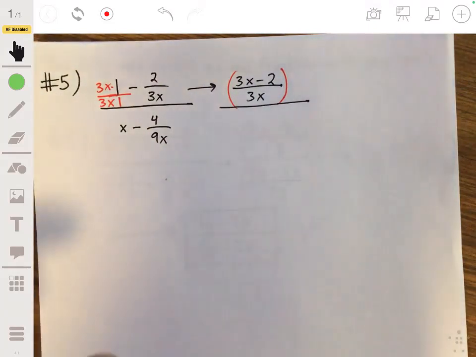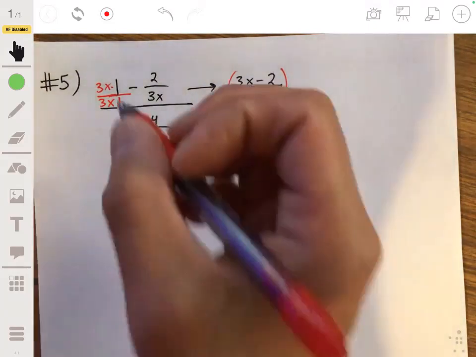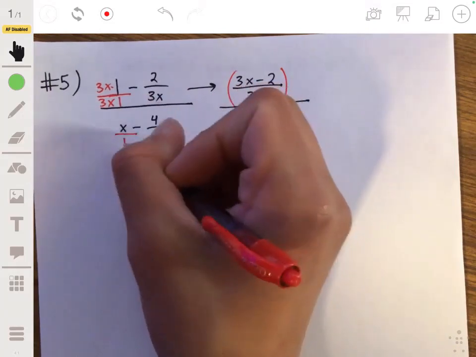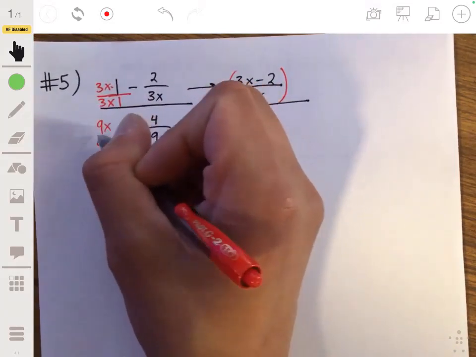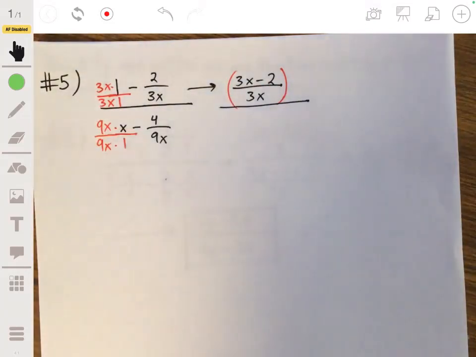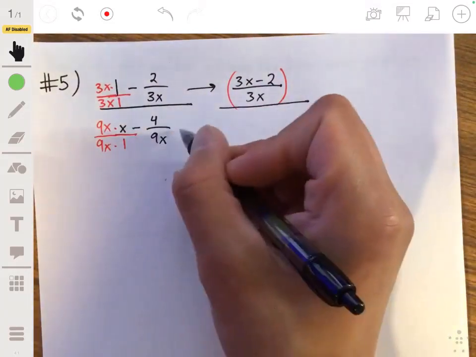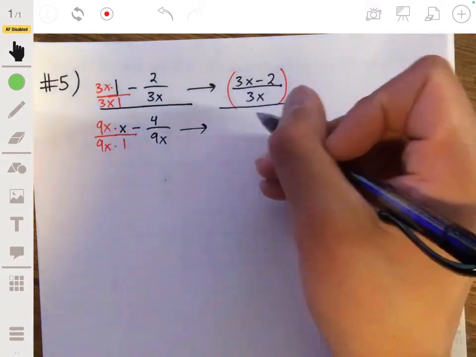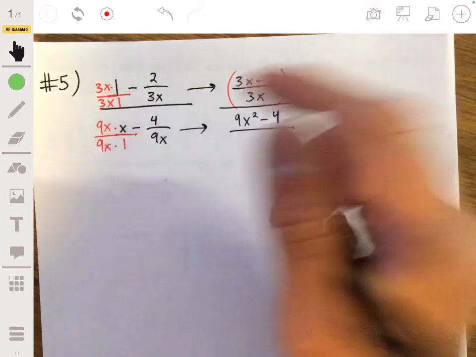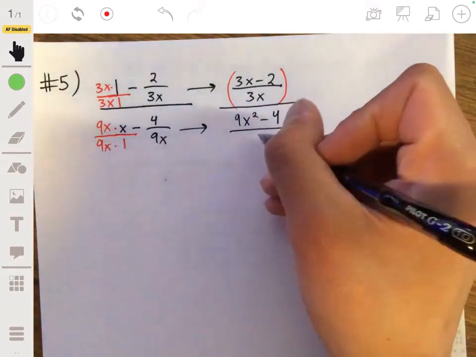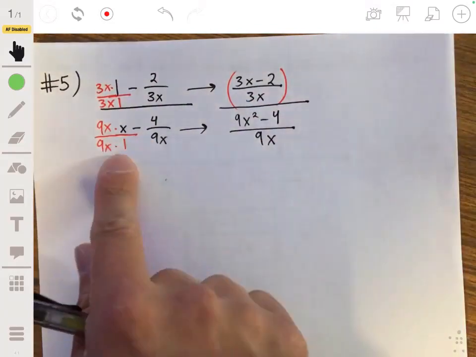And in the denominator, we're going to multiply this x over 1 by 9x over 9x. And so then you'll get 9x squared minus 4 over 9x, just as that.